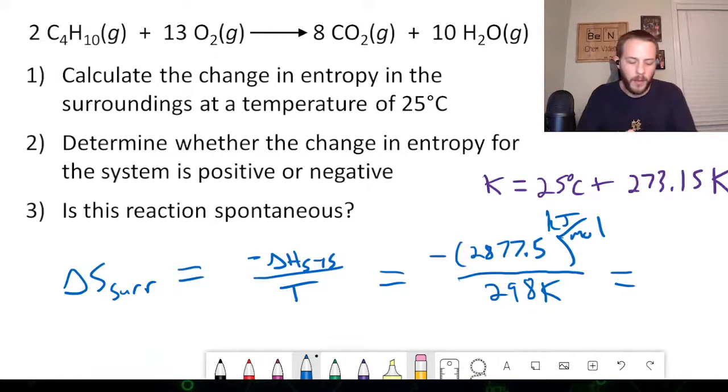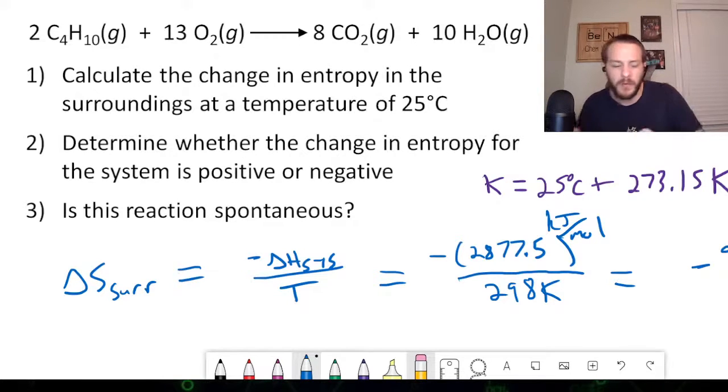So, okay. Let's plug this into our calculator. So we have negative 2877.5 divided by 298. And that gives us, I'll just do it to 3 sig figs here, negative 9.66.